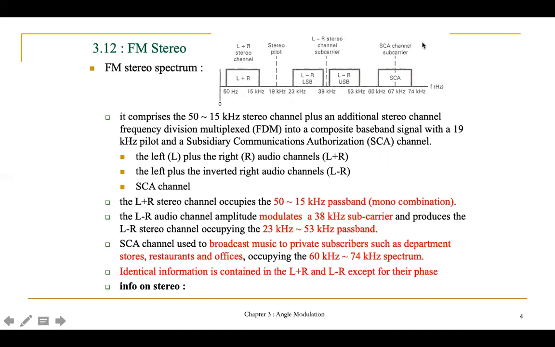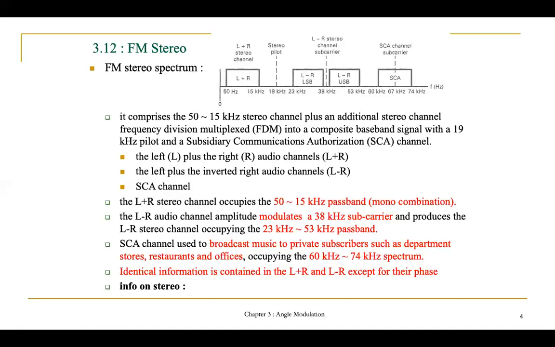And the last channel is the SCA channel that I already explained in the previous slide. This SCA channel is used to broadcast music to private subscribers such as department stores, restaurants, and offices, where it occupies the frequency between 60 kilohertz and 74 kilohertz spectrum.